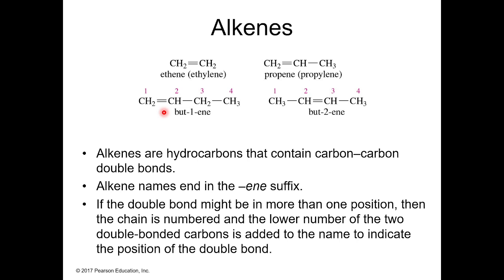Okay? And so you don't have to say 1, 2. You just have to say 1. Okay? Because if it's attached at 1, it has to be attached with 2 as well, doesn't it? So, but-1-ene. Everybody want to try that with me? But-1-ene. I know. Kind of a pain. The old way, by the way, was put the 1 in front. So you would have done 1-butene.